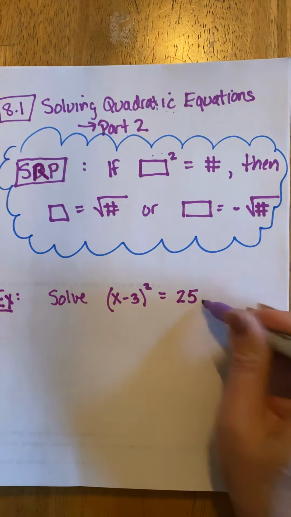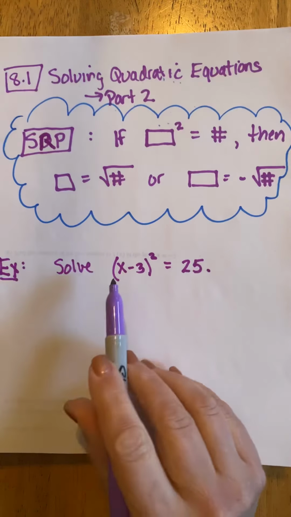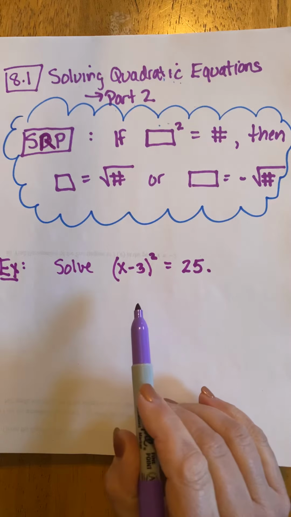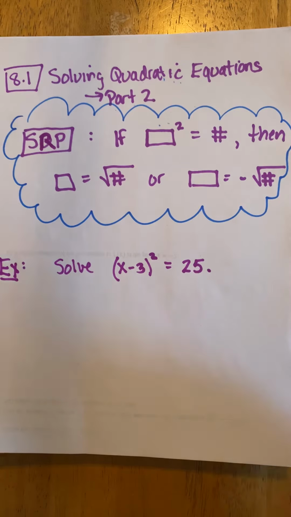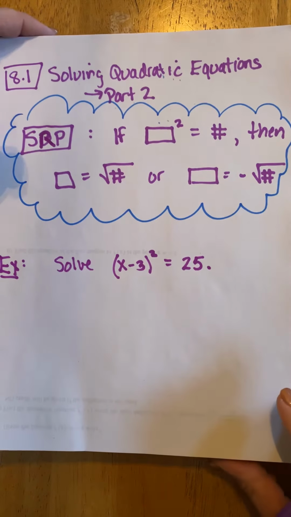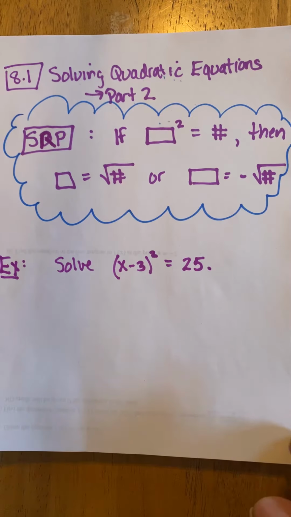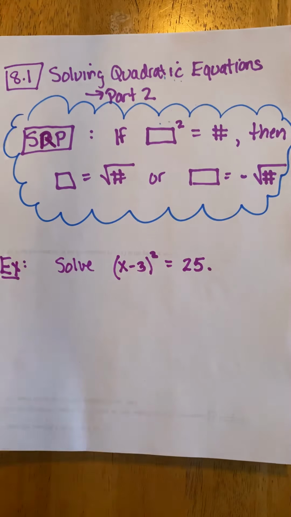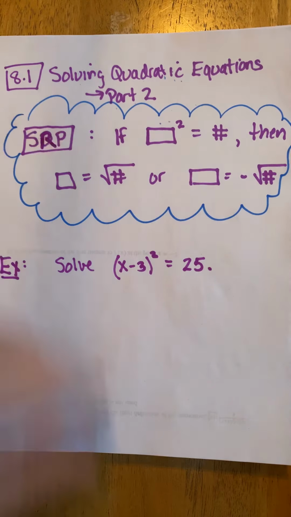Now you could take the chance by multiplying and distributing here, x minus 3 times x minus 3, subtracting 25 and setting it equal to 0 and trying factoring, but you may do all that work and find that this is not factorable. So my suggestion is anytime you see a quadratic equation set up this way, something squared equals a number, we can subtract it and set it equal to 0 and put it into standard form, or we can go right with this really super cool property, the square root property.